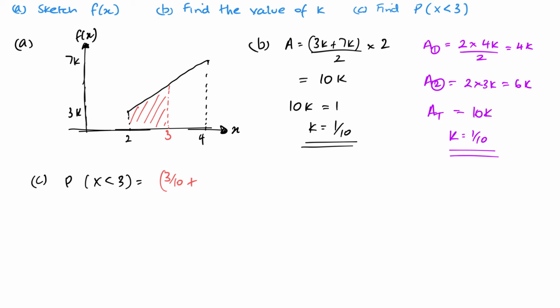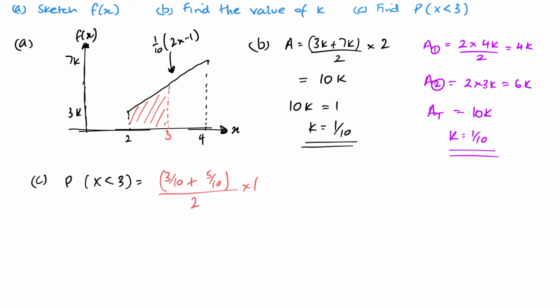plus, and then we have this height. So this height, remember that this function now is basically 1/10 on the outside, which is my k, 2x minus 1. So if I substitute 3 in, we get 2 3s are 6, 6 minus 1 is 5, 5/10 or 1/2. I'm going to put 5/10 down here just as it's easier when I'm adding.